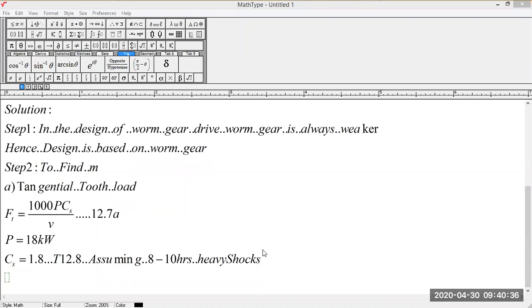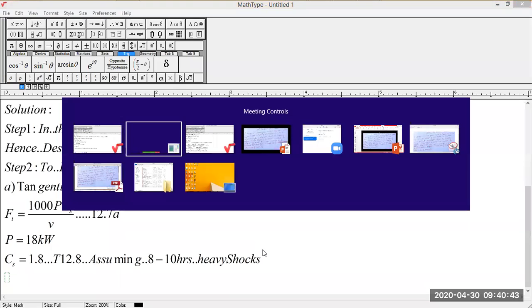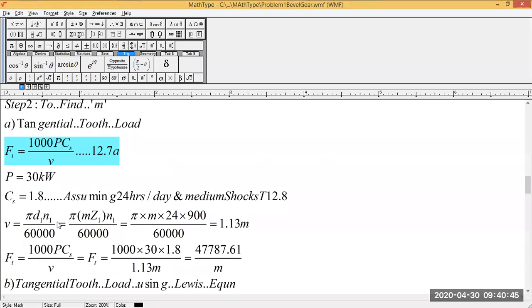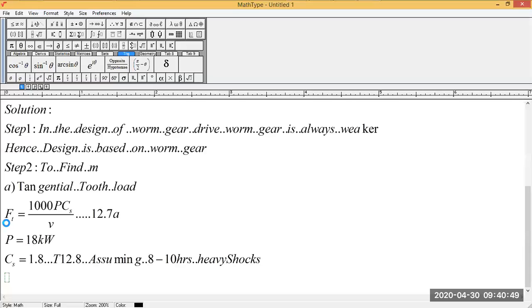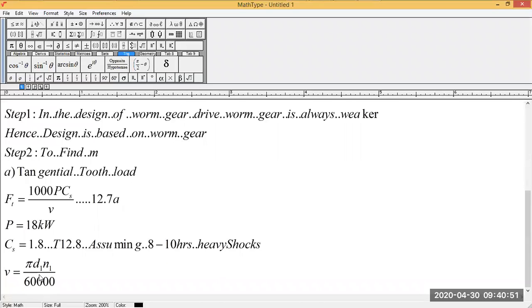So the service factor, which we have already done multiple times, and the velocity v. Let's copy this. So velocity here is v2, as the gear is designated 2. So N1 and T1.